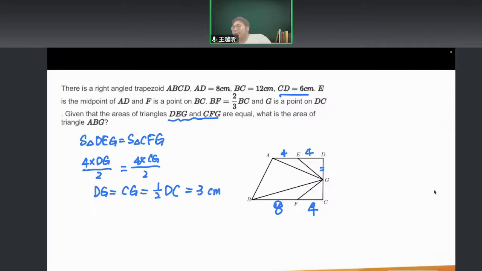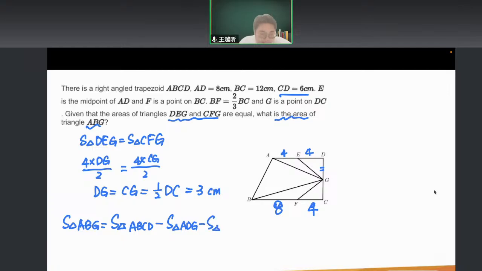Okay, so 3 centimeter. Now we need to calculate what? Remember, we need to calculate the area of triangle ABG. The area of triangle ABG actually is the big trapezium ABCD minus triangle's area ADG and minus triangle's area CBG. You use the bigger one to minus one part and minus the other part.